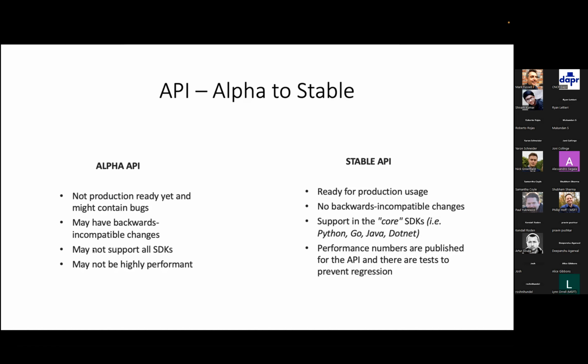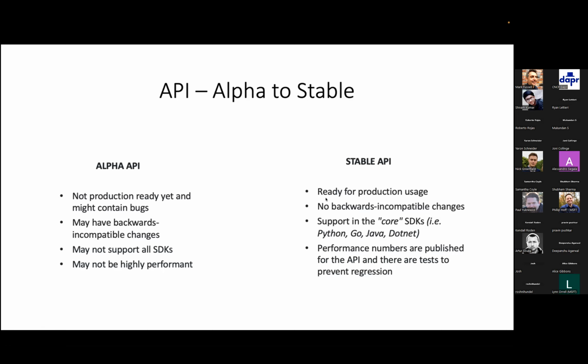The alpha APIs might not have support in all of the SDKs or core SDKs. And it may not be highly performant. Basically, it might not be the best implementation that we want to go forward with in the future. So essentially, in an alpha API, we can have breaking changes as well, and it's not in the production ready stage. So this is what the config API had been till now, till the 1.10 release.